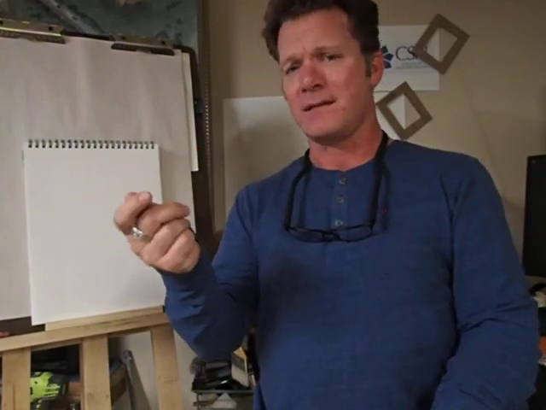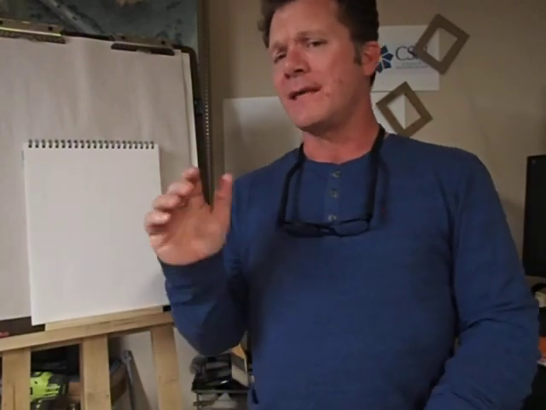What actually denotes that transition in real life is where this edge meets the background. But when we draw, we have to use a line to describe that. So again, line isn't really real.